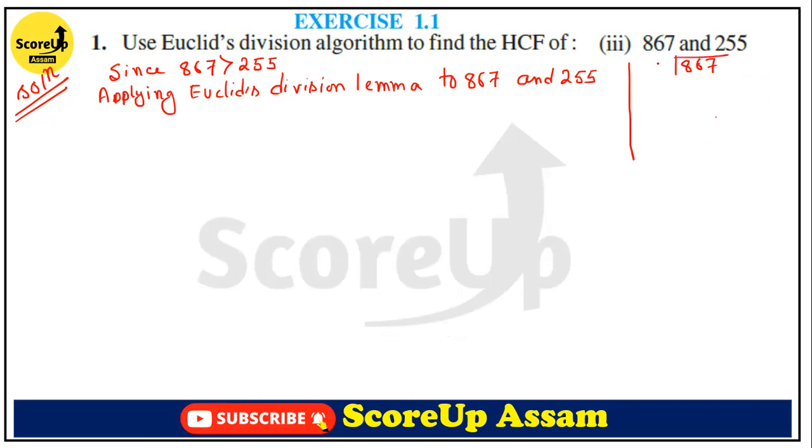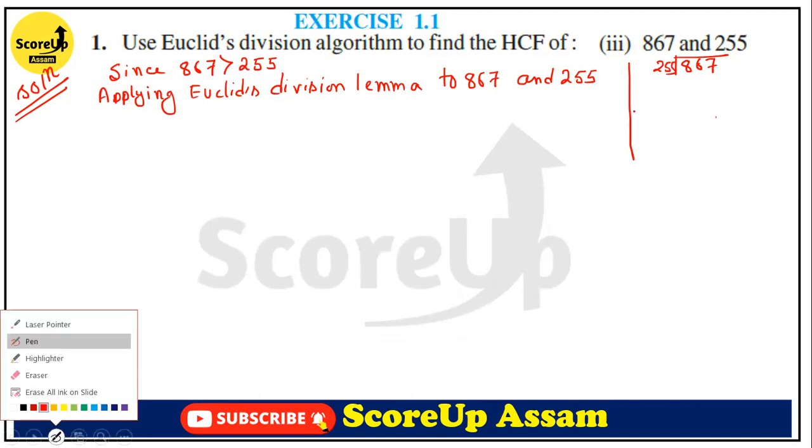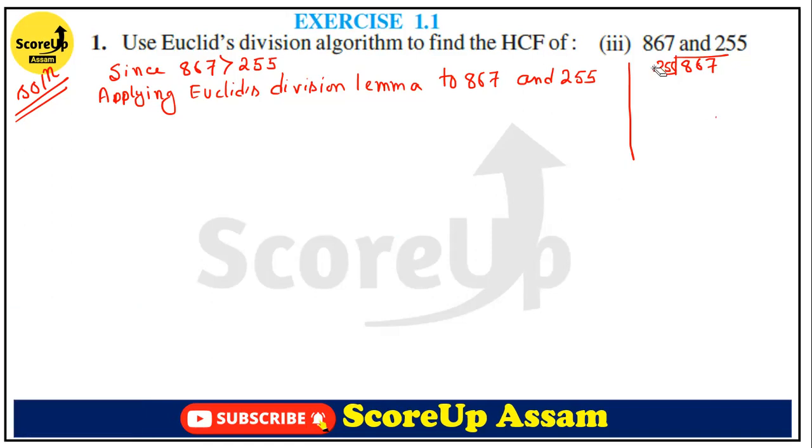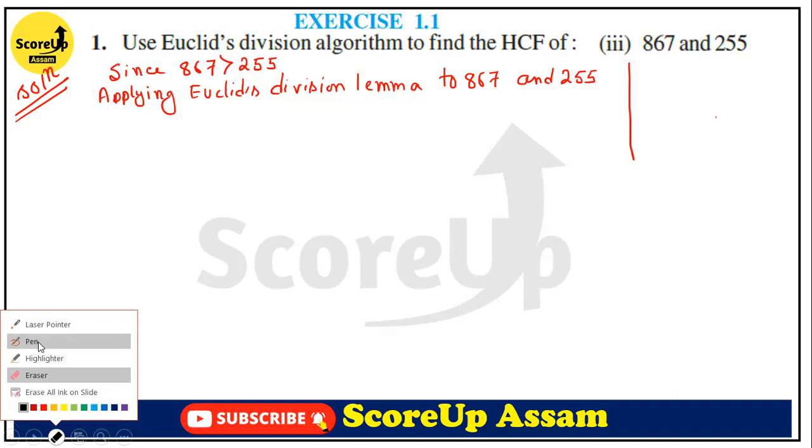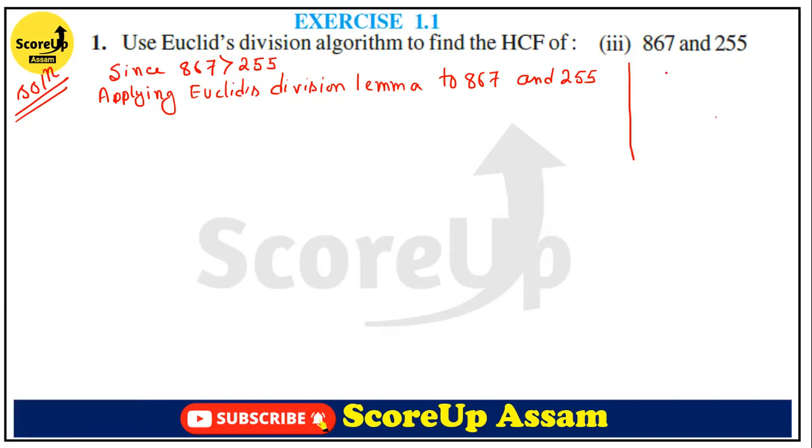How many times will 255 go into 867? Let me erase it.